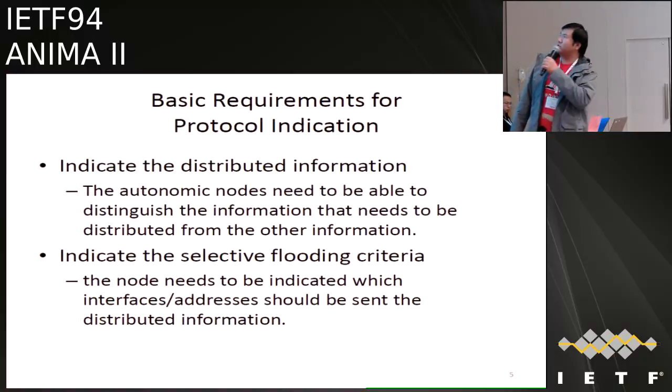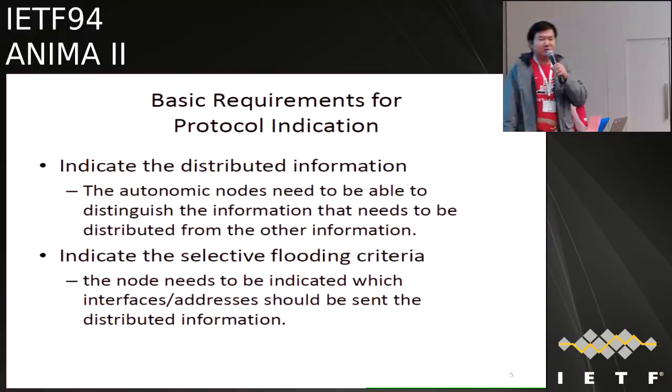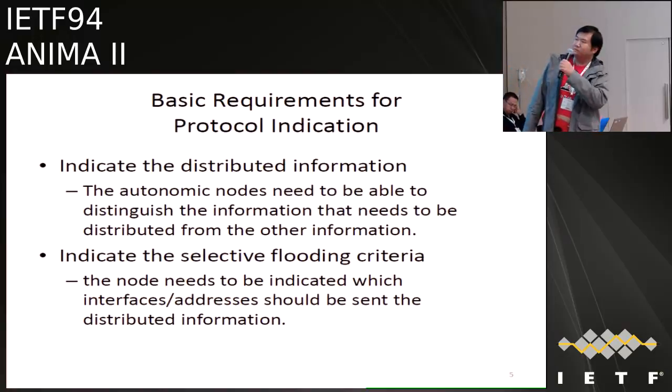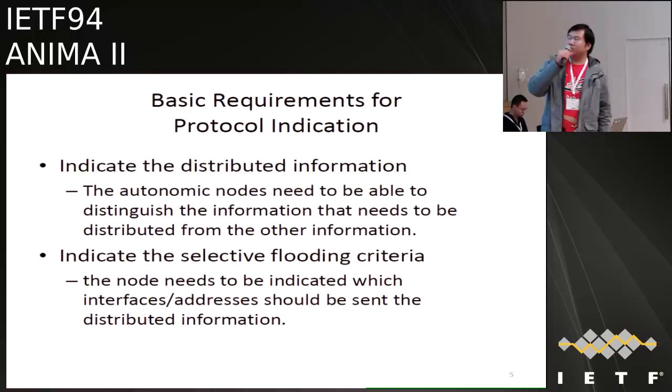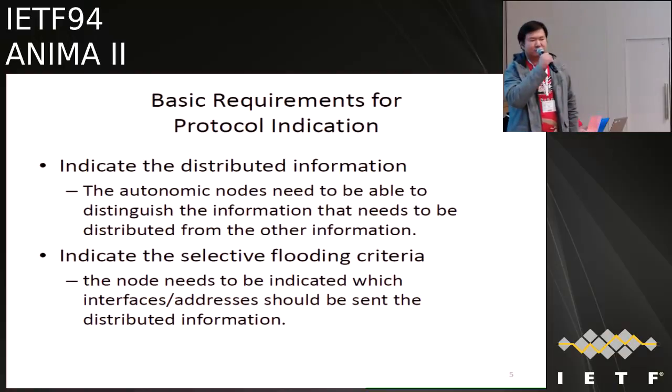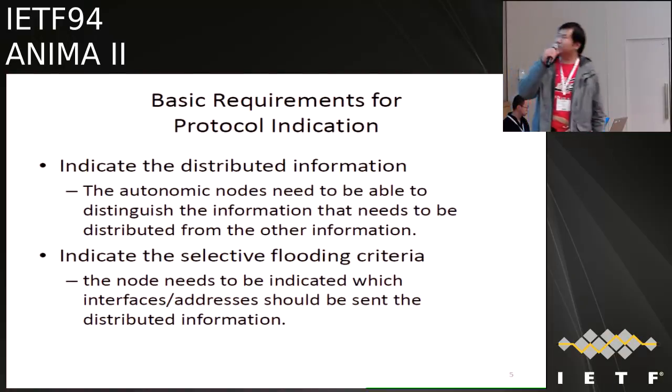This shows the basic requirement for protocol indication, which means the protocol needs to indicate that the information carried in the message needs to be distributed, so that the autonomic node could distinguish this information from the normal information.